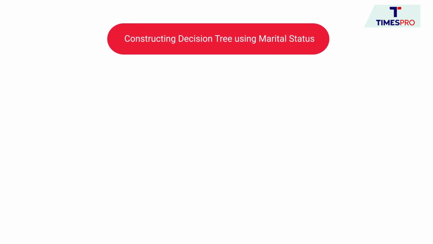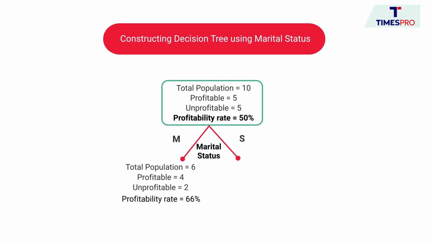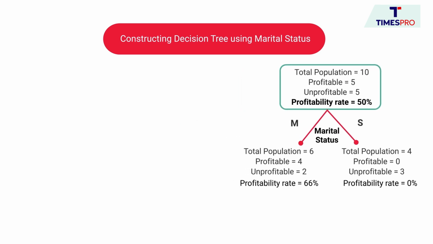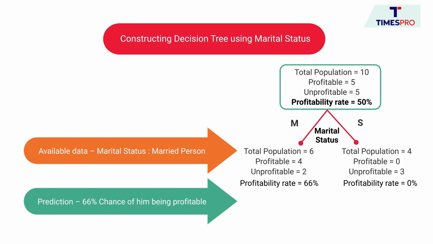Suppose we construct the tree using marital status, and for married customers we have a profitability rate of 66%, and for single customers we have a profitability rate of 0%. Now, suppose we want to use this tree to make predictions and the available data with us is only about the marital status. That is, if the customer is married, the prediction is that the customer has a 66% chance of being profitable.